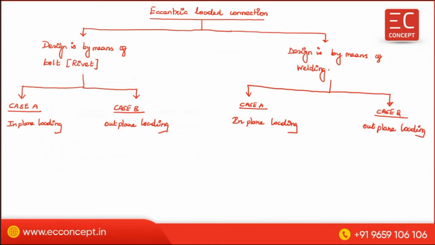Okay, so in the eccentric loaded connection, there are two: by means of bolt and by means of welding. In that, by means of bolt, in plane loading and out plane loading. By means of welding also, in plane loading and out plane loading.